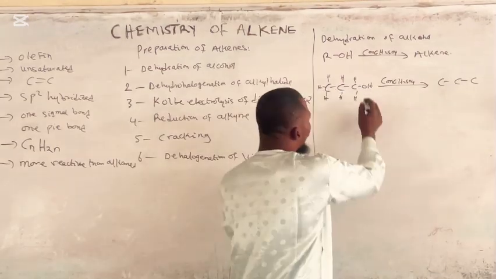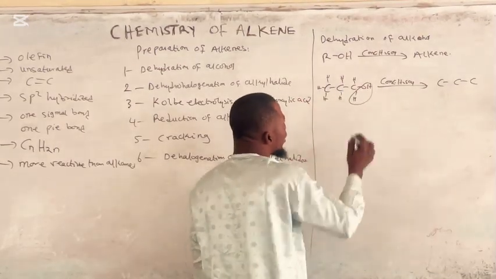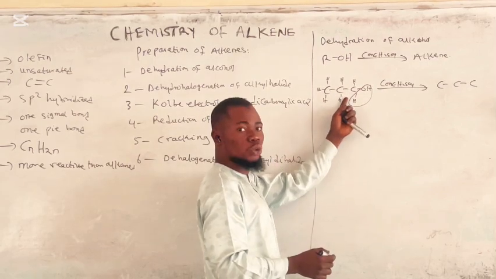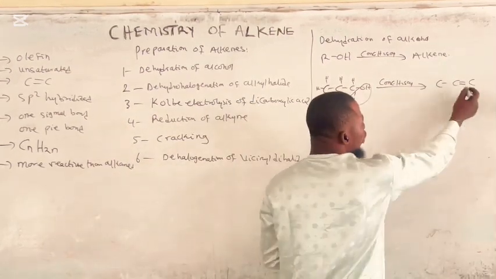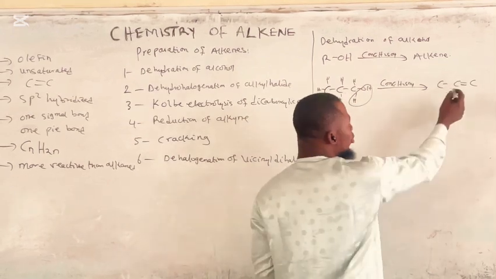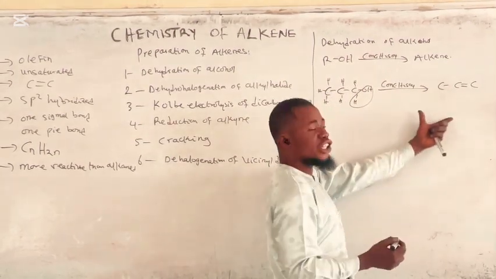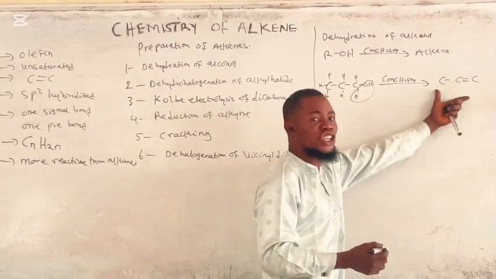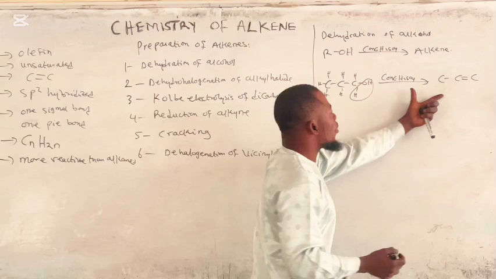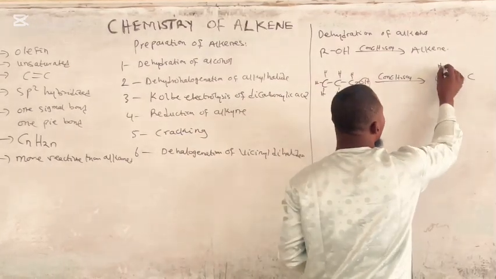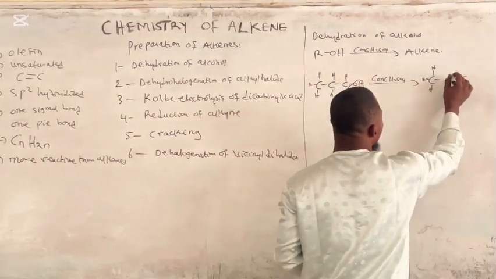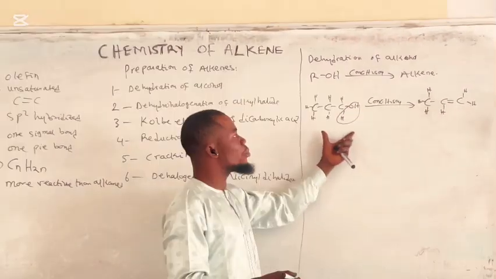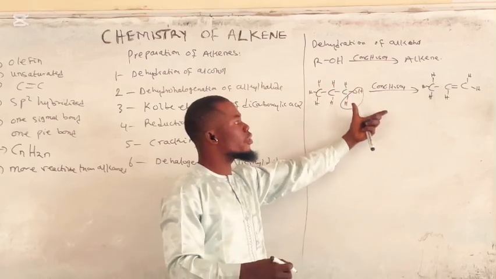After removing water, we create a double bond between carbon number 1 and carbon number 2, and the double bond is characteristic of an alkene. So by removing water from an alcohol, we've already prepared an alkene. From propanol, we have propene. So you can prepare an alkene by dehydration of an alkanol.